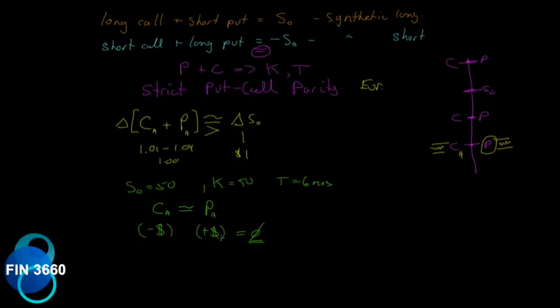Now, I'm not saying go ahead and lever all the way up 10 times. I'm just saying that by using the synthetics, by using put-call parity, you can create a payoff that is the same as owning or shorting the stock without the size of the investment required. A smaller investment for the same payoff. Think about what that means.